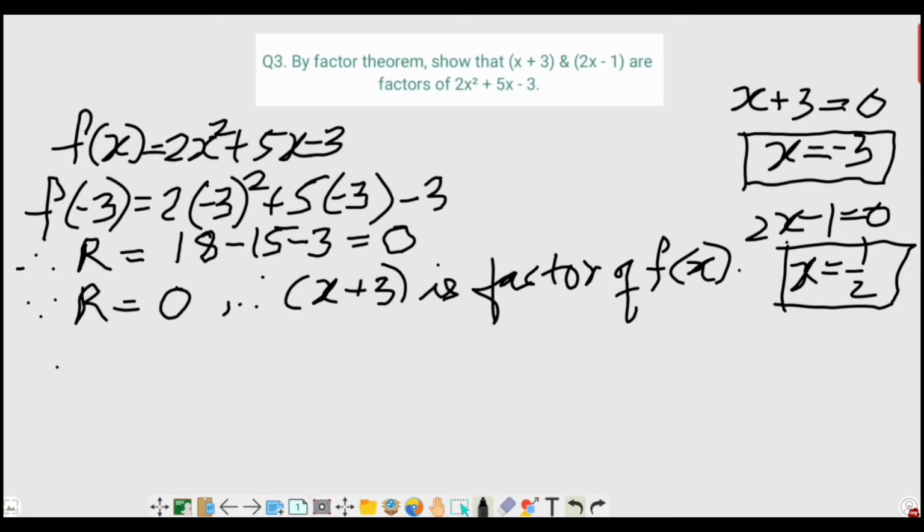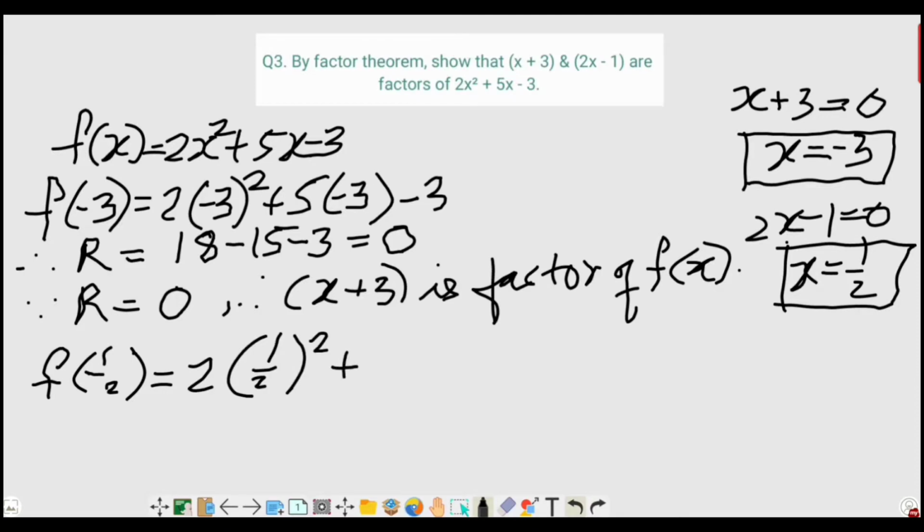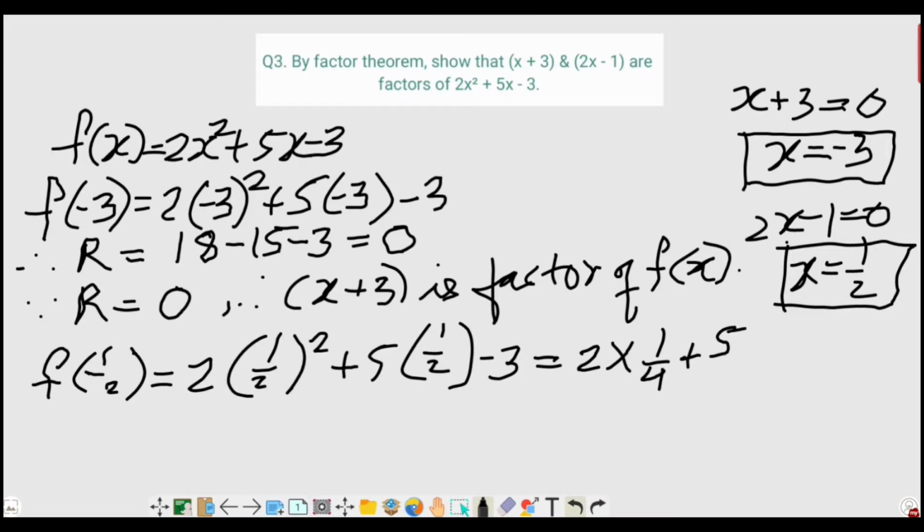Same way, now you can find f of 1 by 2. So when you substitute, it will be 2 into 1 by 2 square plus 5 into 1 by 2 minus 3. So this will give you 2 into 1 by 4 plus 5 by 2 minus 3.